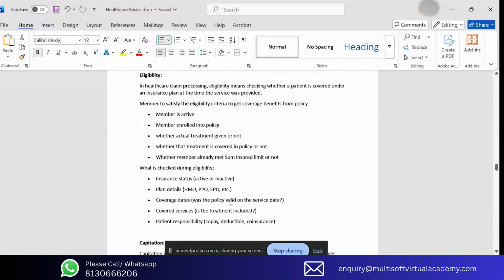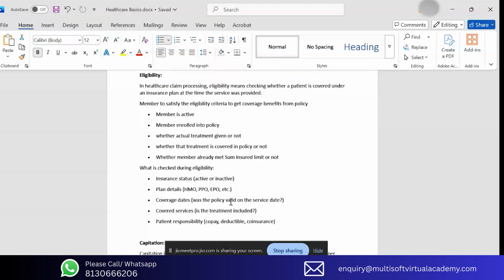So eligibility. When a member, a subscriber, a provider, or even an institution is concerned, the first thing is they should have availed any one of the plans under any payer.